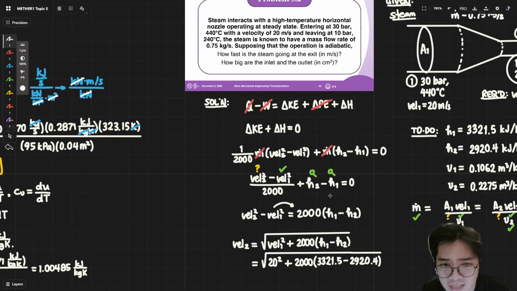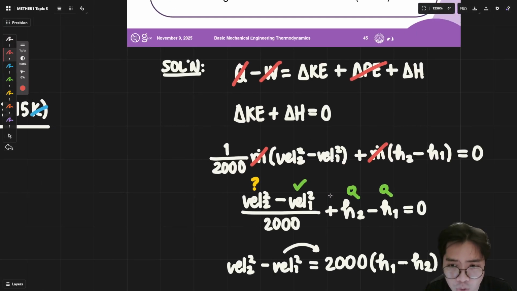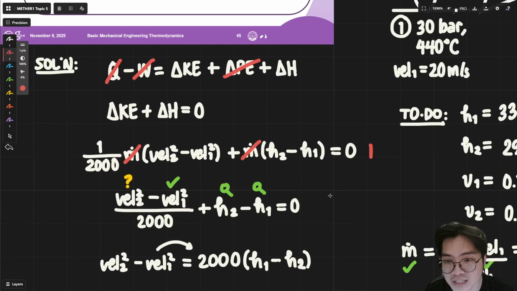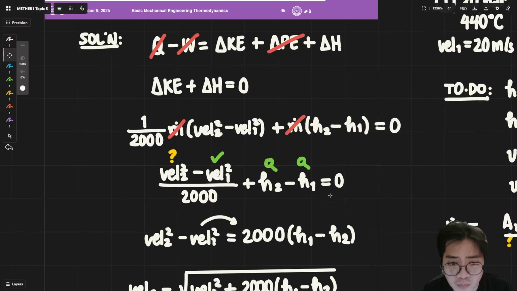We've already taken care of it because we are ensuring that with this 2000, instead of just the 2, everything in here is kilowatts. And that means that we don't have to worry about the units. Our units in here are going to be the default ones that we have been working with.